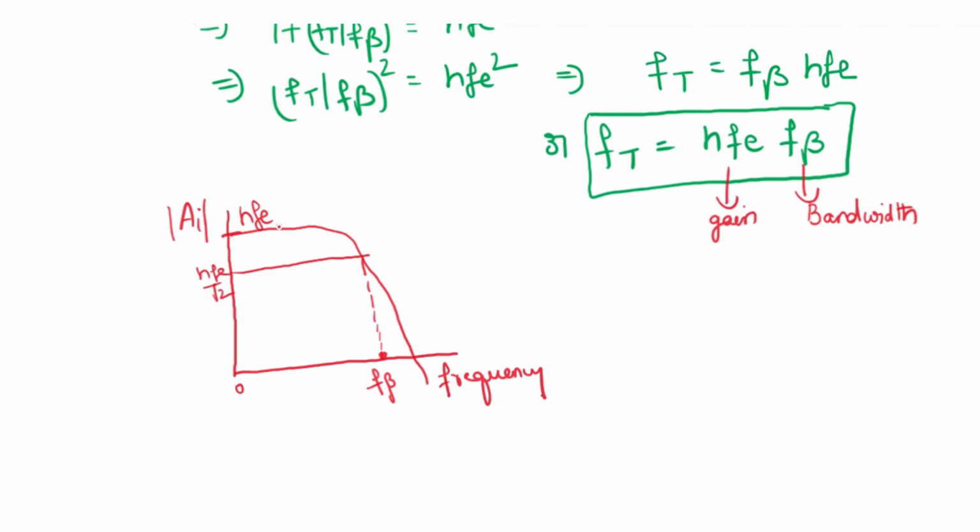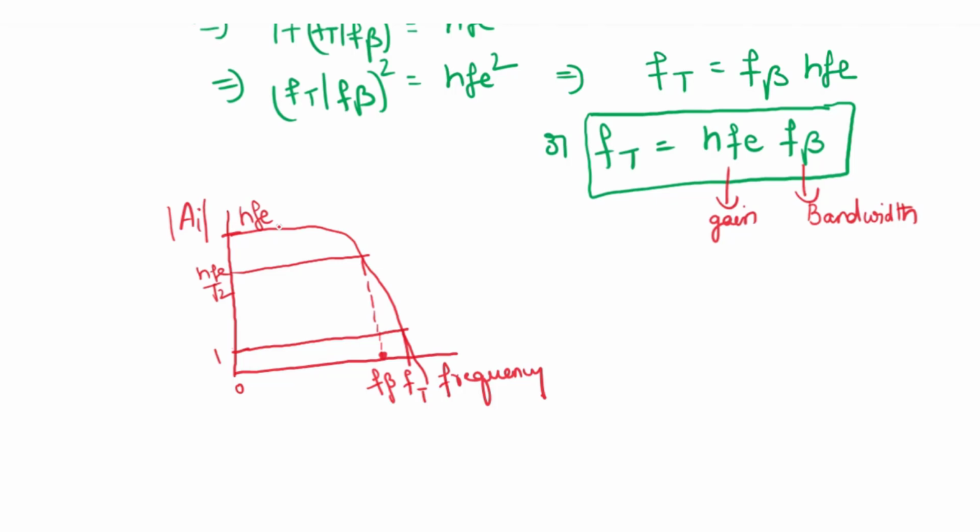It means at F beta the gain decreases by 1 by root 2. Then what about your Ft? Ft means the gain is 1. Here it may be the 1. If it is 1, so this will be Ft.